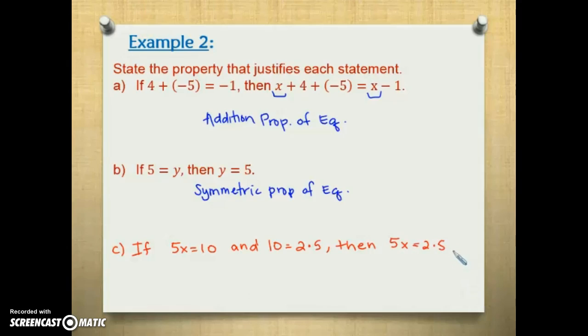So what property am I using there? Notice I removed 10 from both of these, and I'm left with 5x is equal to 2 times 5. So we have this piece, and we cut out the part that repeats. So this right here is your transitive property of equality.